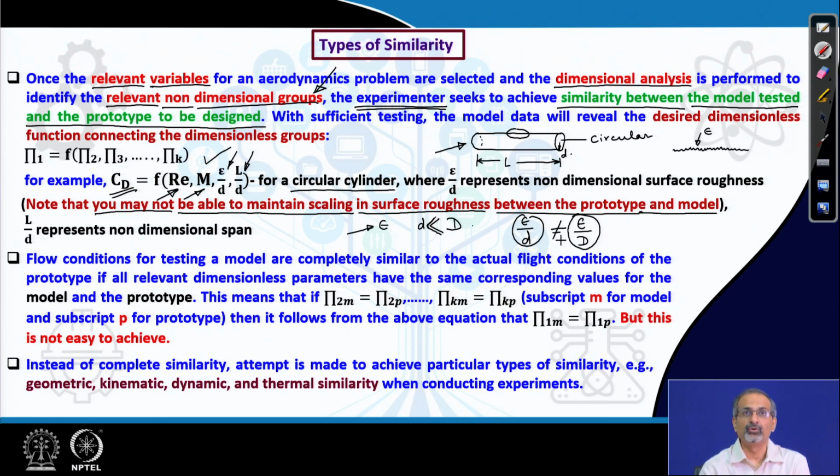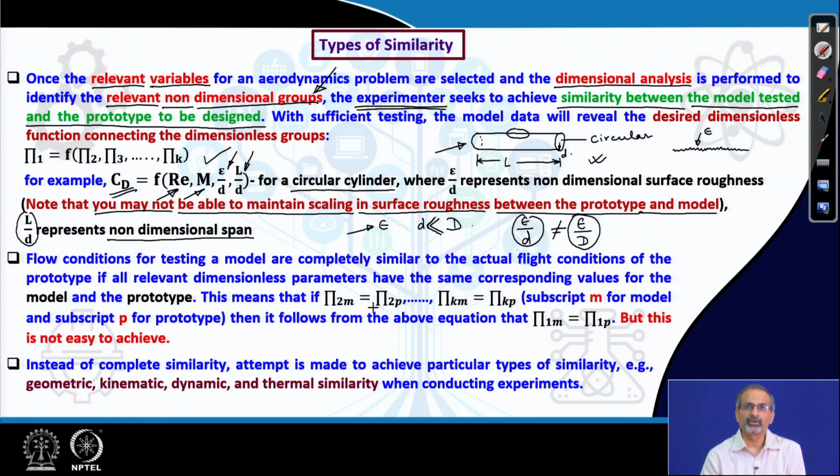Therefore, you would not always be able to match these non-dimensional coefficients or the similarity parameters which we are talking about. Similarly, the span by the diameter, which gives you a measure of the non-dimensional span, may not exactly match between the model case and the prototype case.